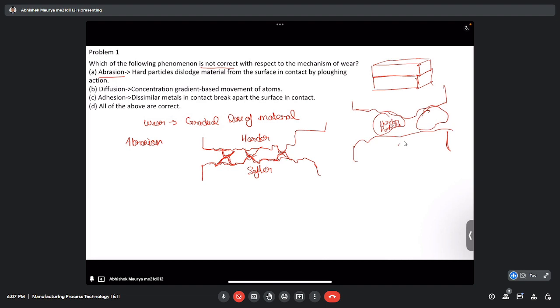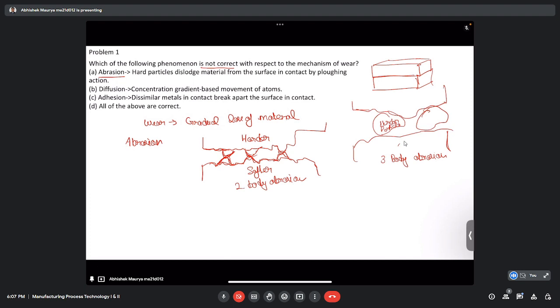This is also an example of abrasion wear. It is called three body abrasion, and this is two body abrasion. So material removal by a harder particle from the softer body is an example of abrasion wear.